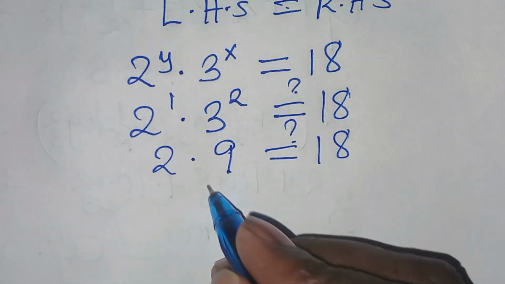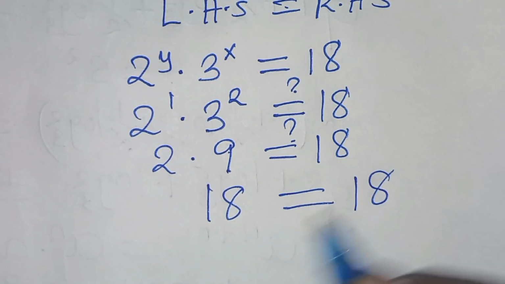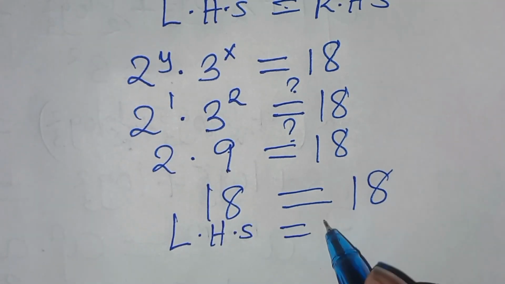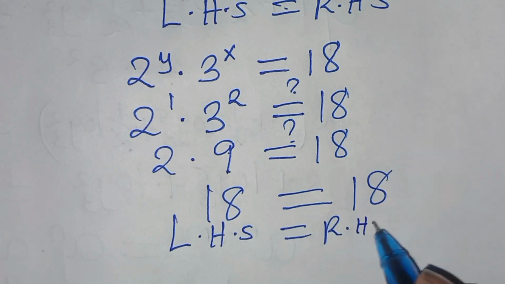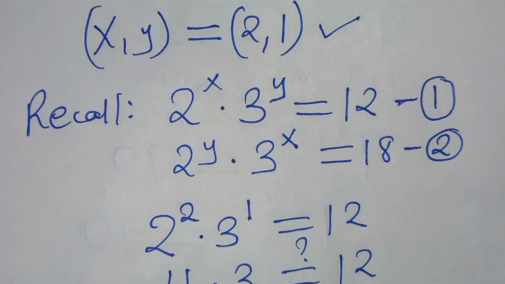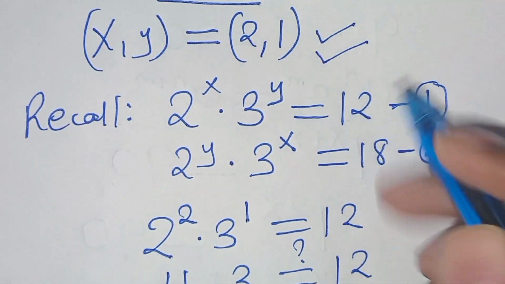So 9 times 2 is 18, and this is equal to 18. So this implies that the left hand side is equal to the right hand side. And this implies that the values of x and y, which are 2 and 1, satisfy the equation.